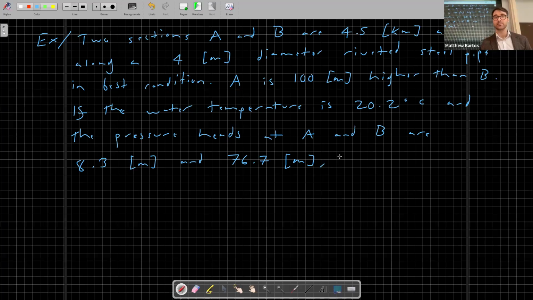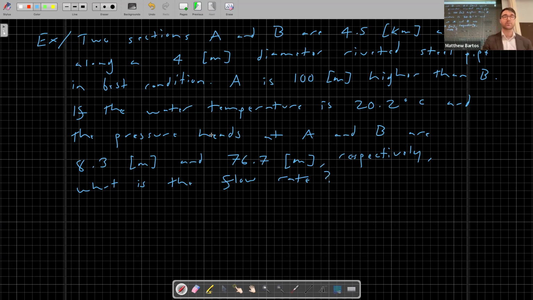What is the flow rate? This is a pretty common type of problem that you will need to solve in hydraulics.